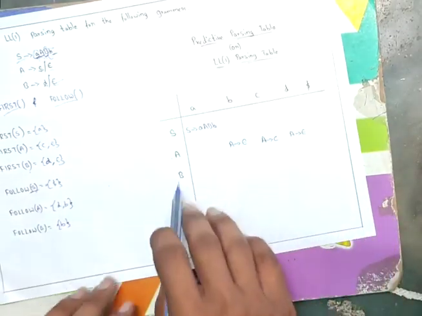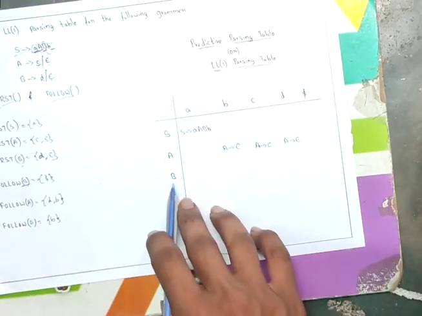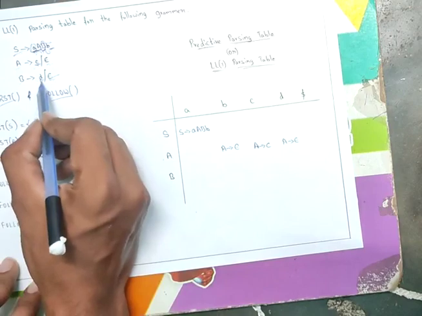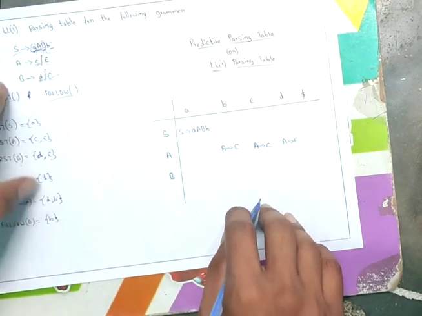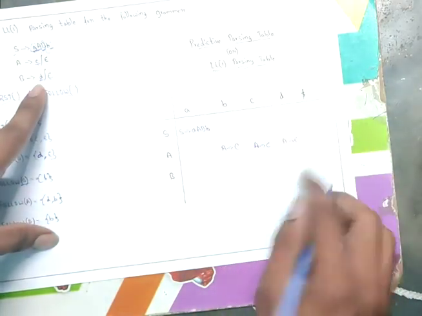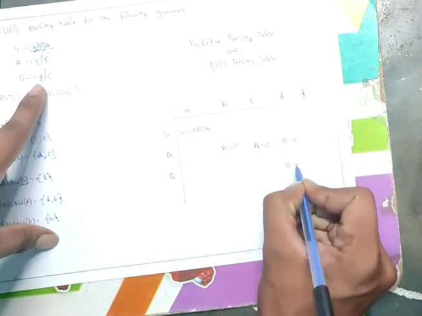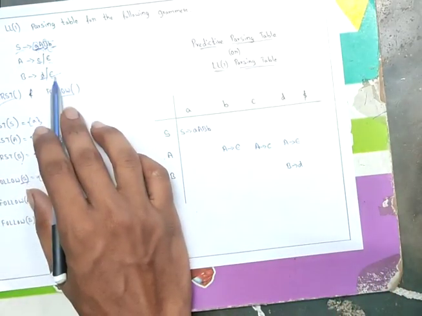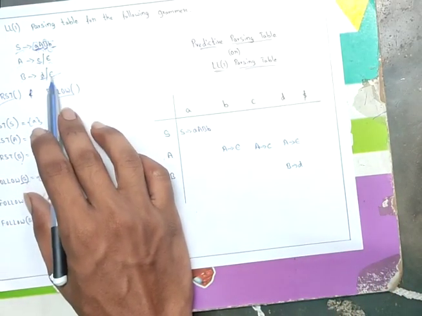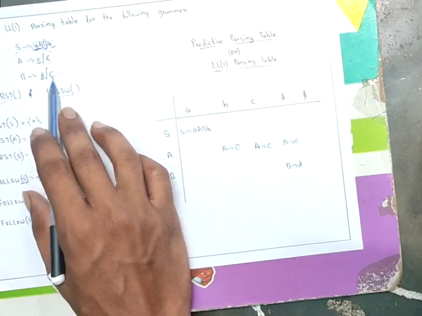Now for the non-terminal B. Non-terminal B contains first element as terminal D. So we have to write this production under the terminal D, where B goes to D. And here another production is given, which is epsilon. So here we have to consider the follow of the LHS.